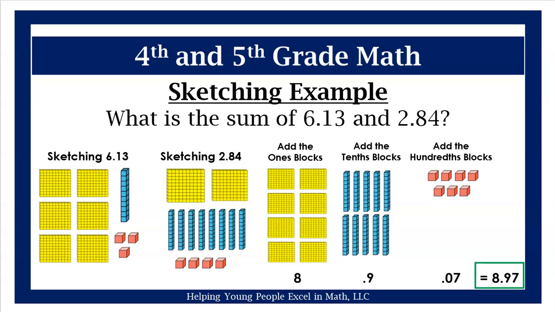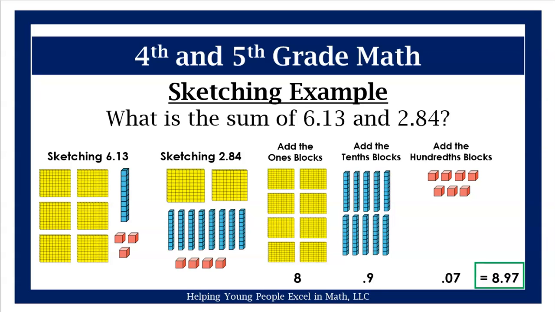The steps to add 6.13 and 2.84: we are first going to add our ones blocks together. When we count them all together, we have 1, 2, 3, 4, 5, 6, 7, 8. So for our ones place, there is an 8.